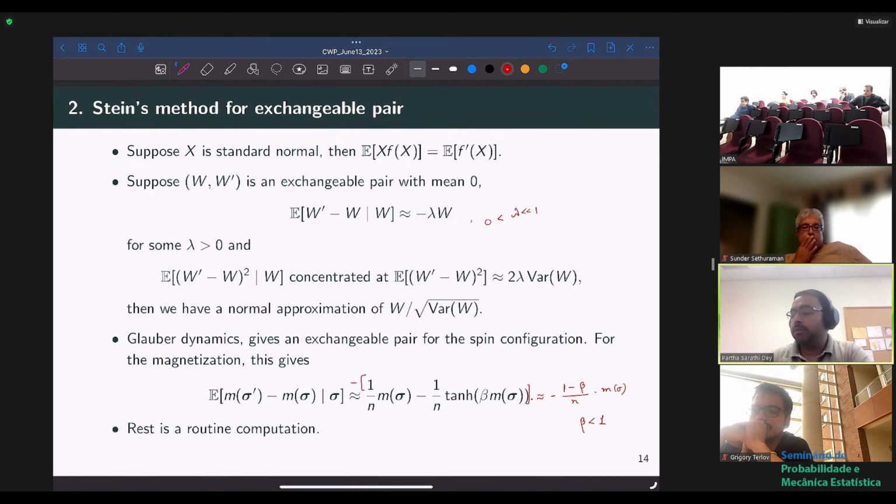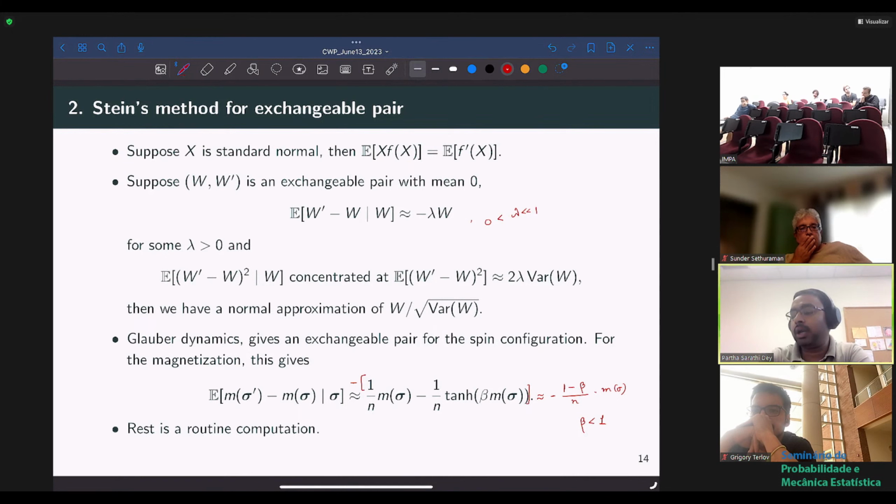And then the rest is a routine computation. Compute the second moment and show that it is concentrated. Then one gets the fact that m sigma divided by the standard deviation of the magnetization has a normal behavior. So that gives us another way.